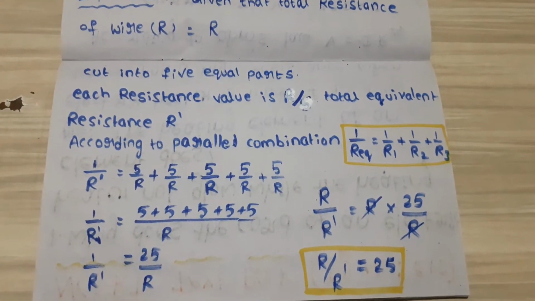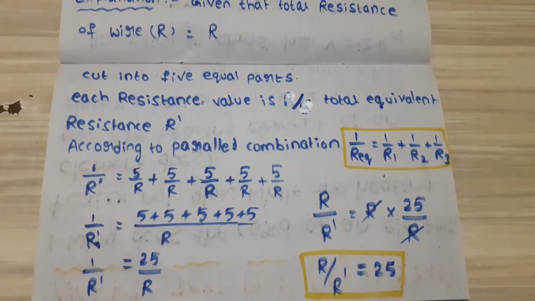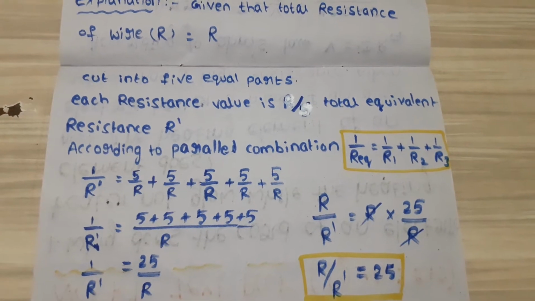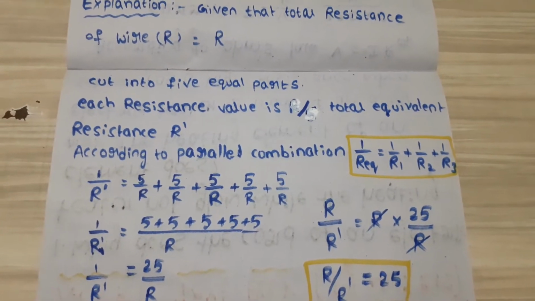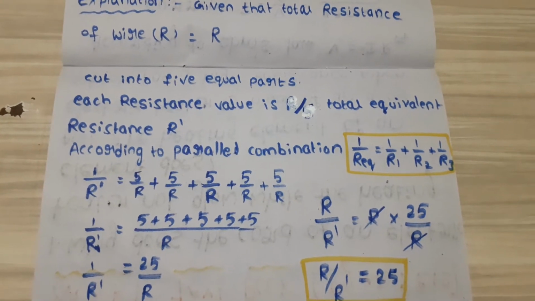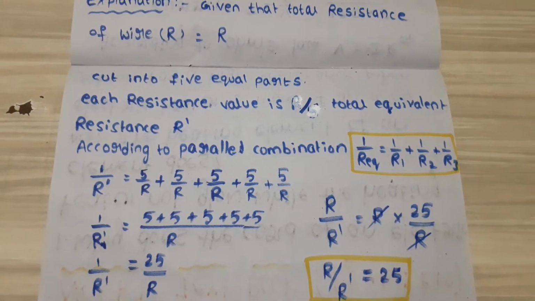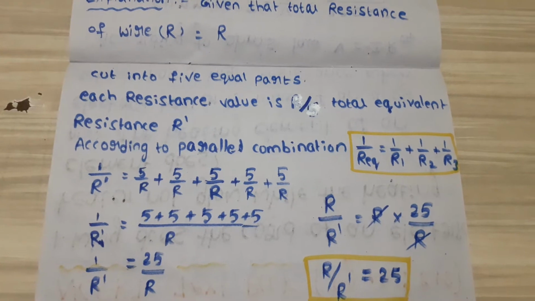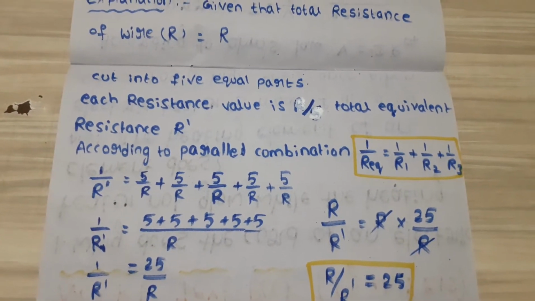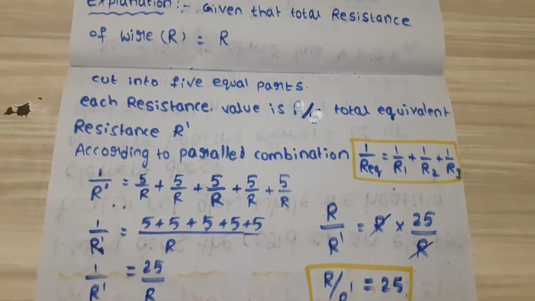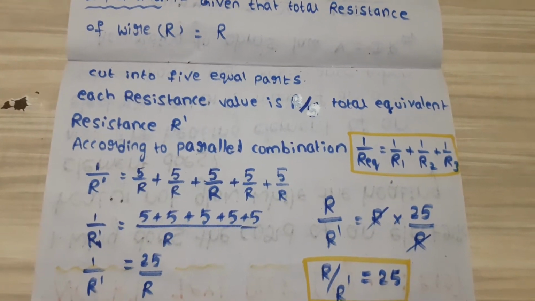Each resistor value is R by 5. If it is cut into 7 equal parts, R by 7. For example, if cut into 10 equal parts, the resistance value is R by 10. So here each resistance value is R by 5.